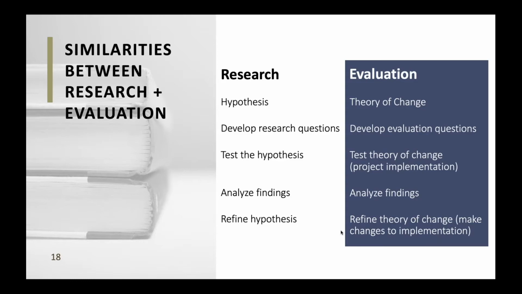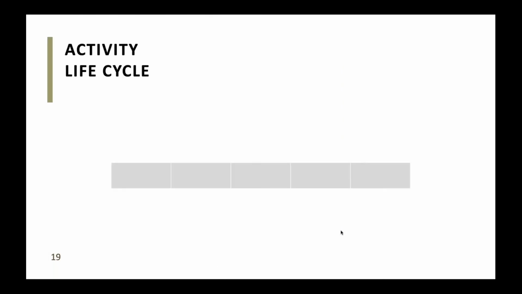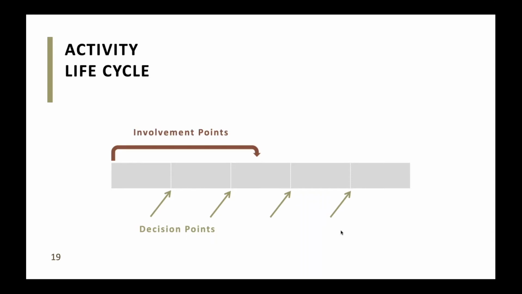So, in thinking about evaluation in that way from this developmental evaluation lens, the engagement of evaluation in the life cycle of the project will be slightly different. In thinking about the activity life cycle of a project, you have these different decision points. And if you're not thinking about evaluation as being an integral part to help with continuous improvement or from developmental evaluation, you may not be as focused on aligning evaluation to those decision points.